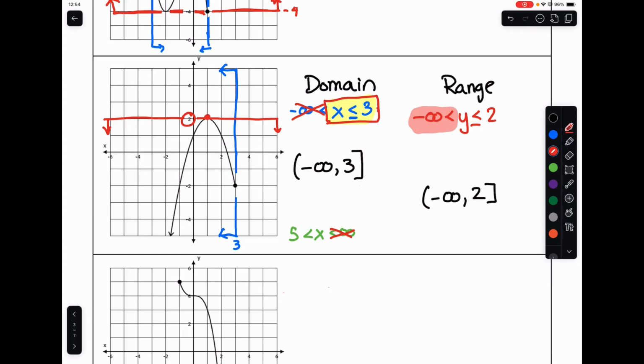We would only include this portion here. So our solution would be that x is greater than 5, or 5 is less than x. So you could just set it up like the way we did the previous one and ignore the side that has the infinity, which in this case would be the upper boundary. And if you just type that, that will mark it correct.